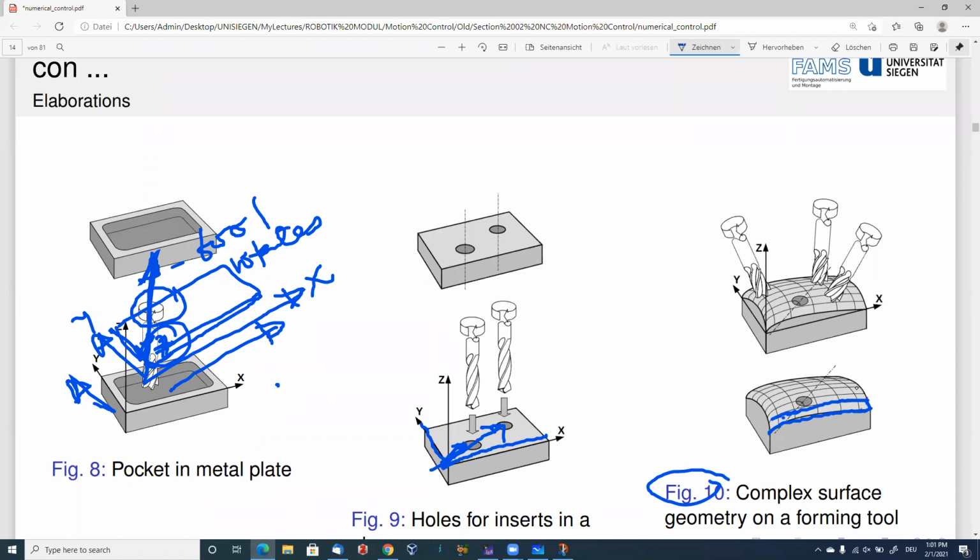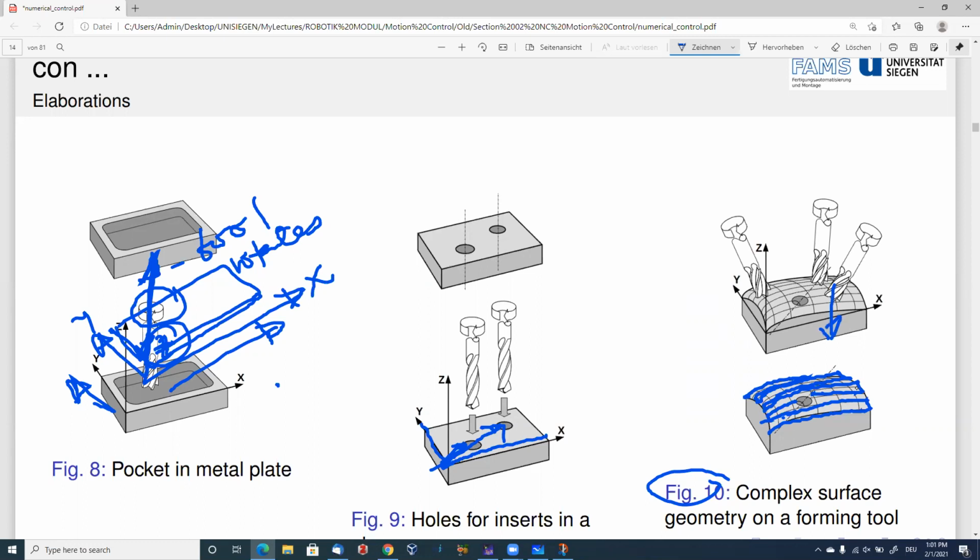Someone can come here, then jump over this, and then make a trajectory something like this. But creating this trajectory is not as simple as I'm drawing here. It's very tough and takes some time.